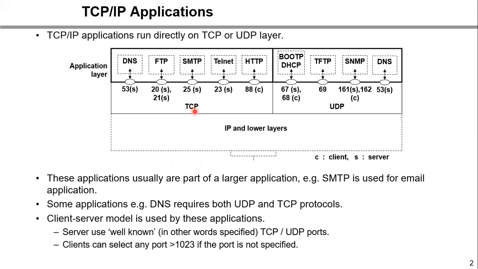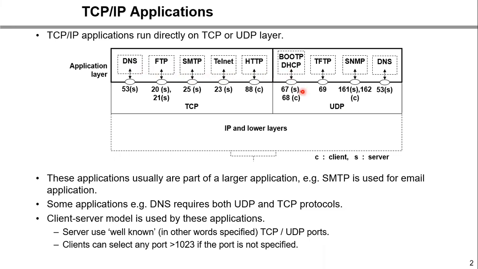Then comes the transport layer, which uses two protocols, TCP and UDP. And at the application layer, which protocols are used? This is the list of protocols, but all these protocols use TCP. All these protocols use UDP. Some of the protocols use both. DNS uses both.